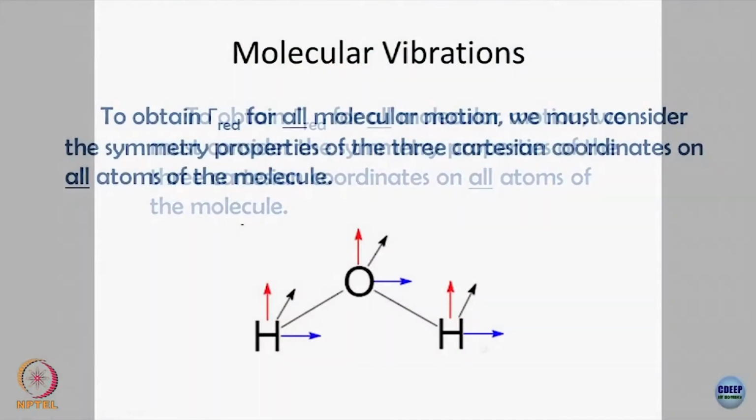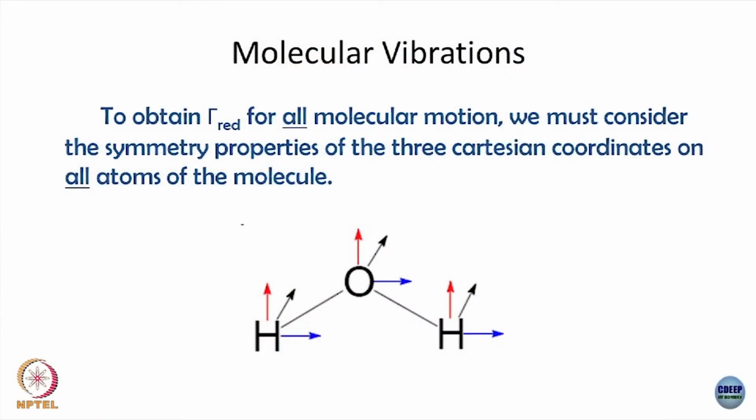So, whatever we did, I hope you remember, we went through an elaborate exercise for a nonlinear triatomic molecule where two of the masses were identical. One mass was capital M and the other two were small m. It is exactly like the water molecule. And to find the reducible representation for all molecular motions, including translation, rotations, everything, you put in 3 degrees of freedom for every atom in that molecule.